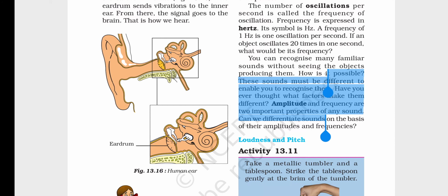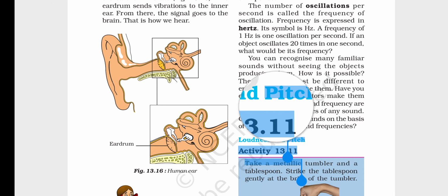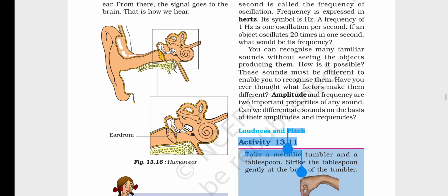Frequency of 1 hertz is 1 oscillation per second. If an object oscillates 20 times in 1 second, what would be its frequency? Yes, 20 hertz, correct. You can recognize many familiar sounds without seeing the objects producing them. How is it possible?